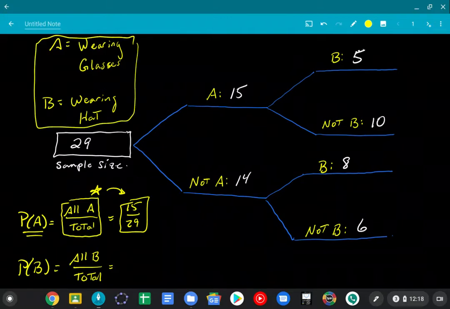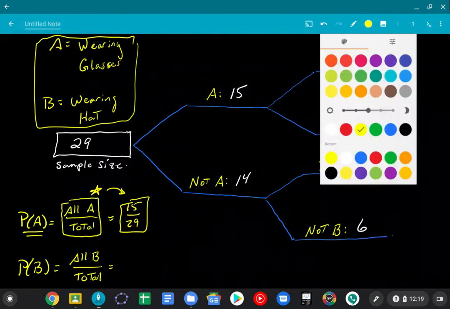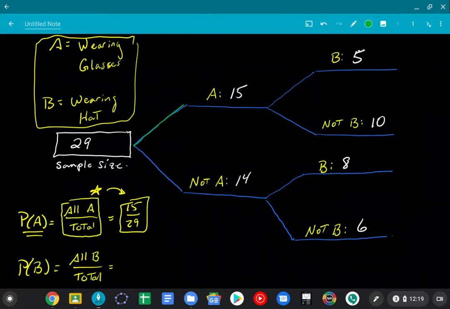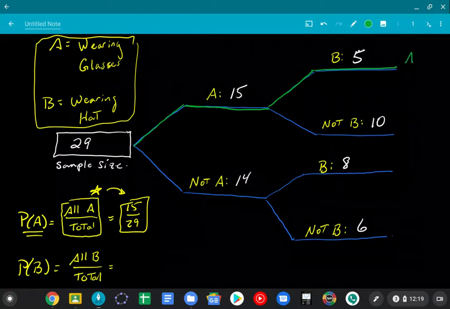I said, B represents wearing a hat. What's the probability of choosing somebody who's wearing a hat? Well, notice, this line is the number of people wearing glasses and wearing hats. So that's A and B, right?